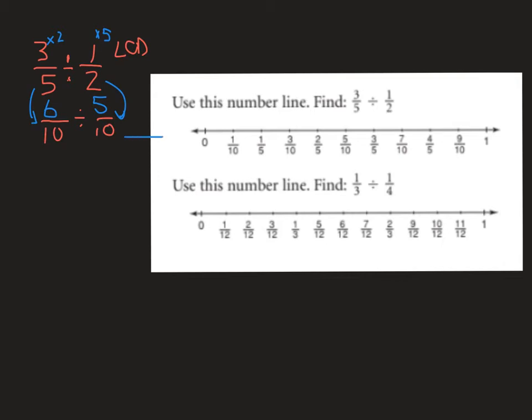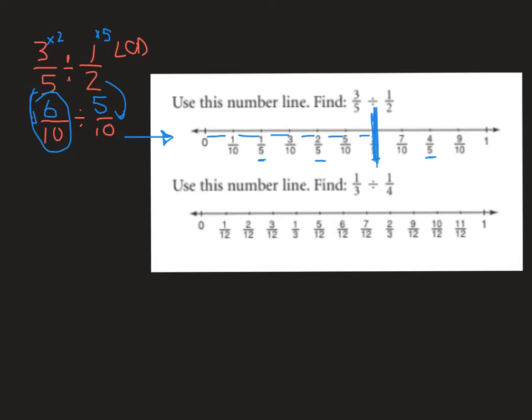And then we're going to look over here at the number line. It's already divided up for you. It is divided into tenths, but you'll notice that every now and then we get fifths because it's reducing it to lowest terms. But what we need to do is locate 6 over 10. So we can come along here, 1, 2, 3, 4, 5, 6. 3/5 is the same as 6 over 10.